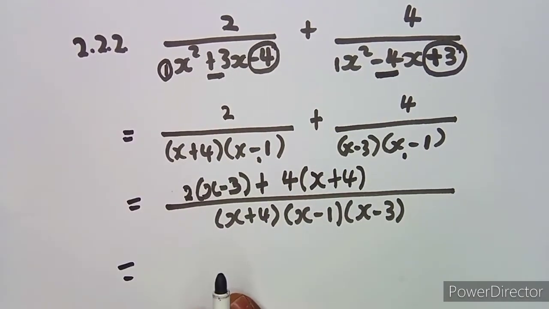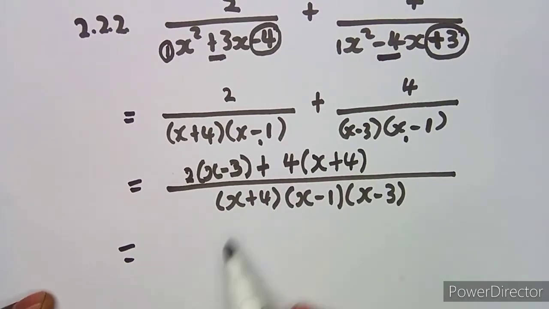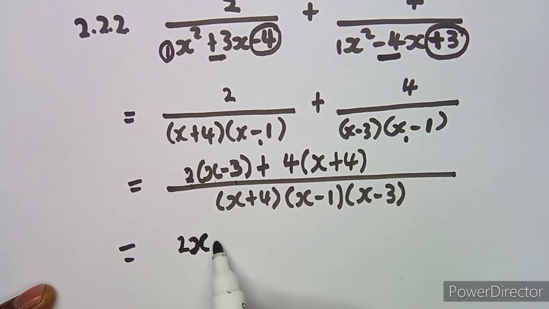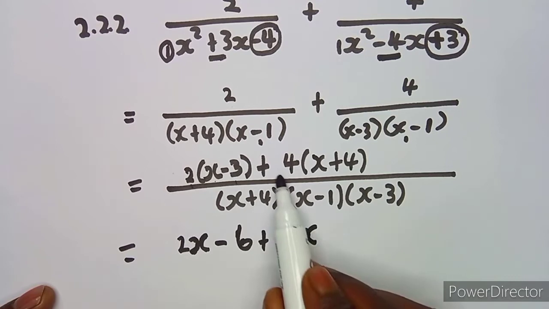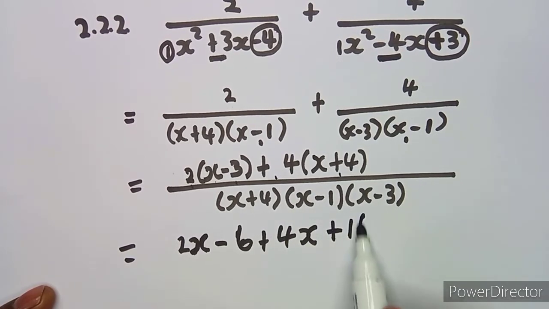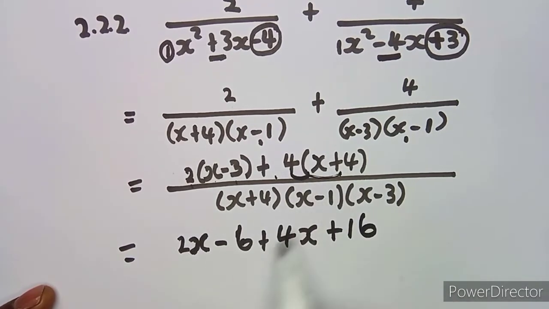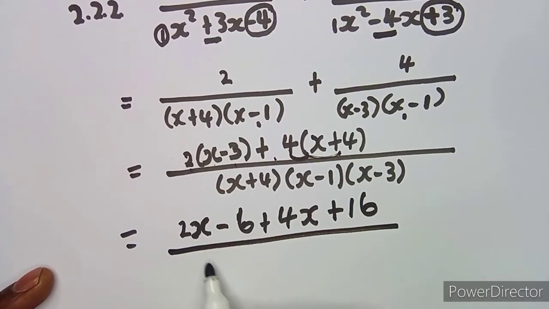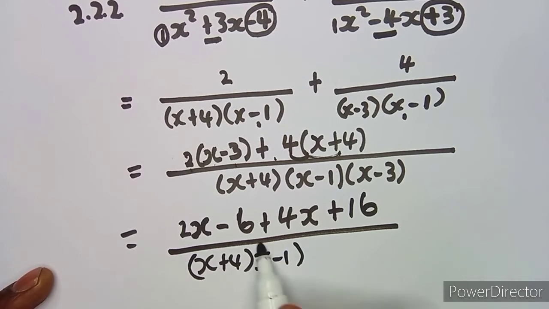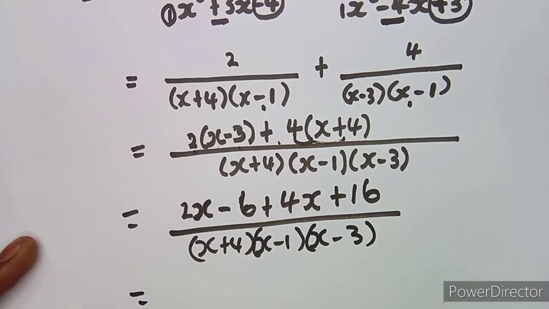All right, then at this stage you can expand your brackets, collect like terms. So 2 times x, we've got 2x, 2 times minus 3, which is minus 6. 4 times x, which is plus 4x, 4 times 4, which is 16. So you have to multiply everything. Then the brackets as they are, which is x plus 4, x minus 1 into x minus 3 like this.